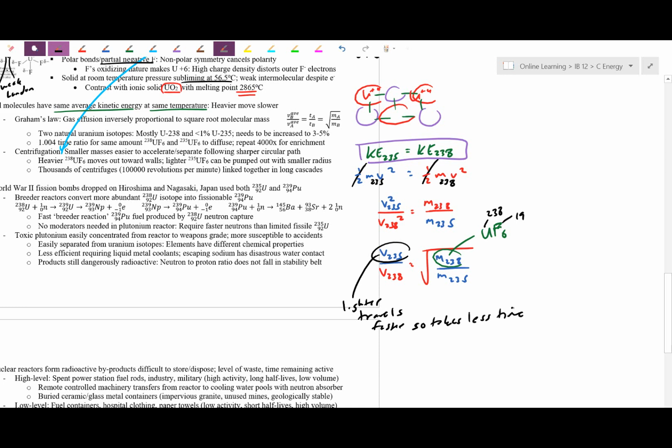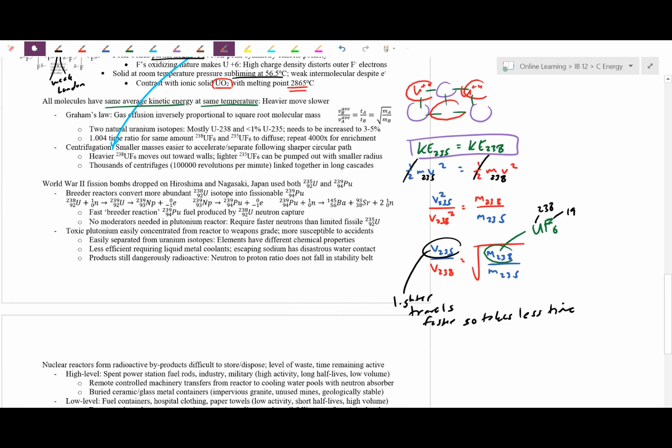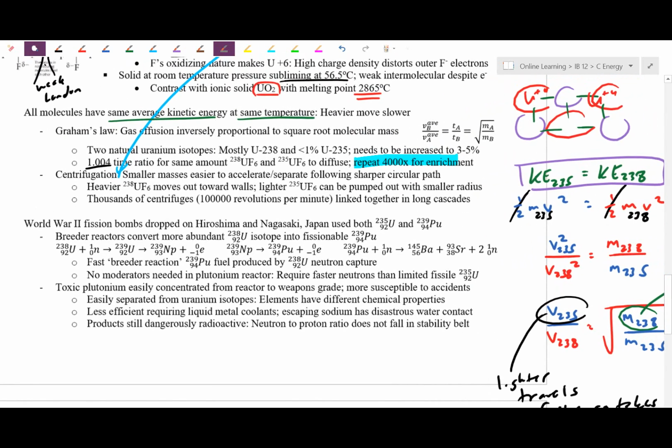Because it's traveling faster, every time I punch it through a semi-permeable membrane, it separates a little bit. There is this 1.004 time ratio if you do this math here, and if I can cycle it through many, many times, if I do it 4,000 times, even this really minor difference will amount to enough that it can separate. I can increase the amount of uranium-235 to a more useful form.